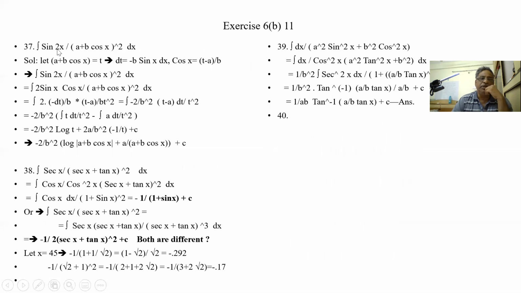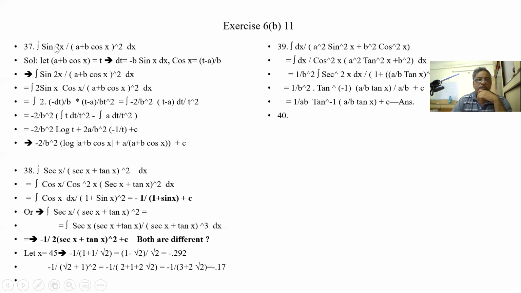Integral sine 2x by a plus b cos x whole square. Let a plus b cos x be t. In all such cases, we will go straight away with that. Let us assume this as t. Then dt is equal to minus b sin x dx. And what is cos x? Here a goes across, so cos x is t minus a by b.